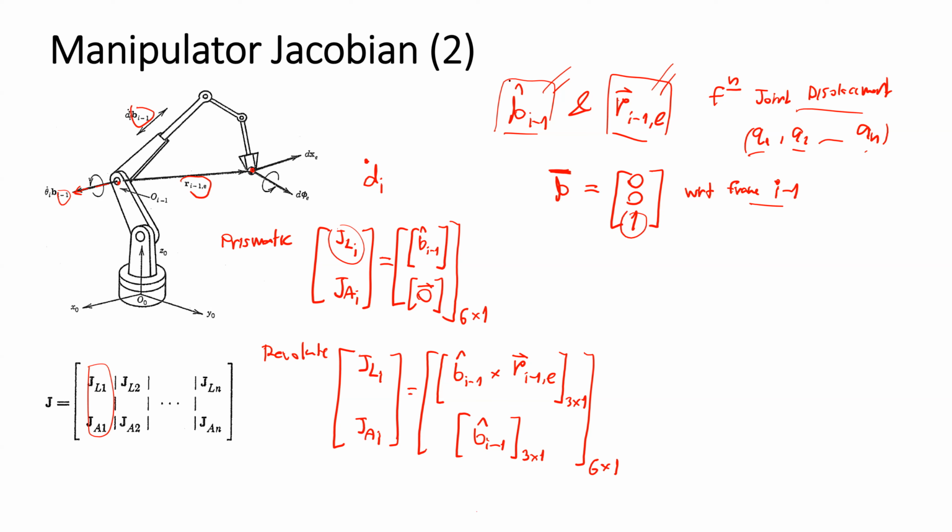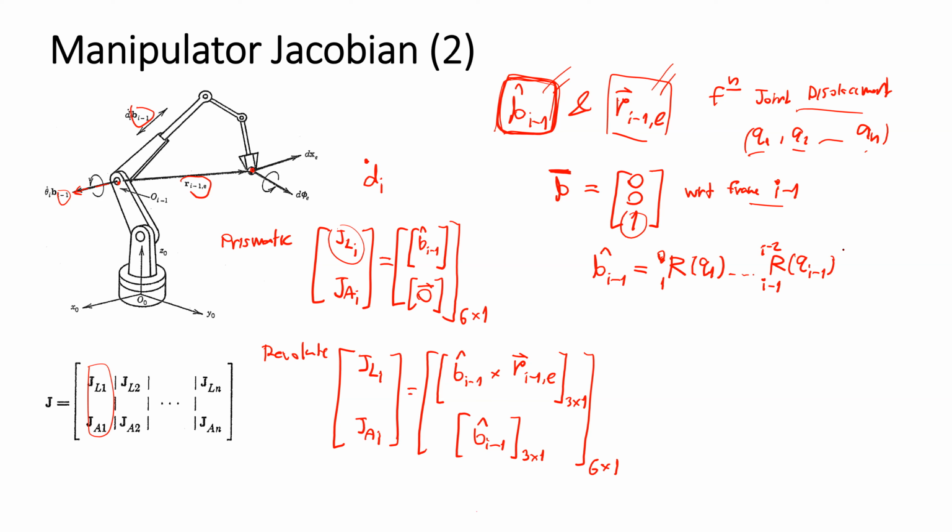So the unit vector that we want to find here can be obtained just from the rotation matrix of 1 with respect to 0, where we rotate with the joint angle 1, until the rotation matrix of joint I with respect to I-2, where the angle is measured until joint I-1.